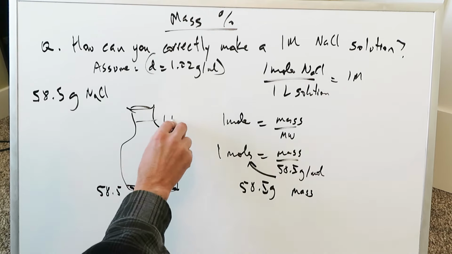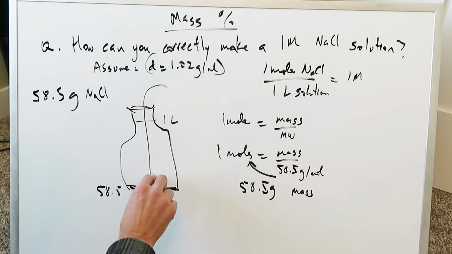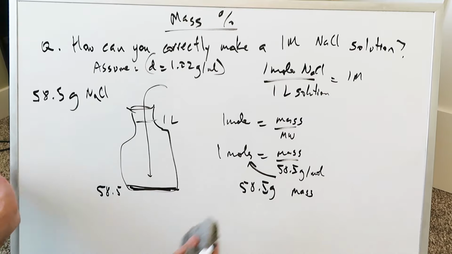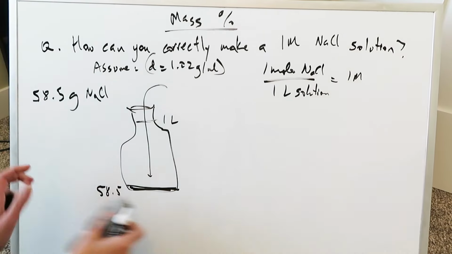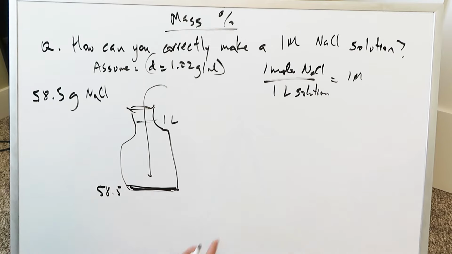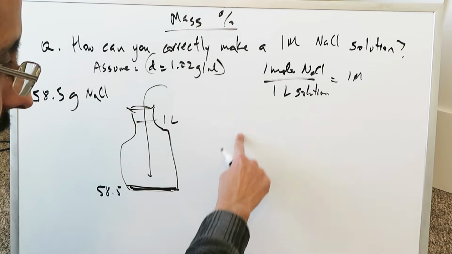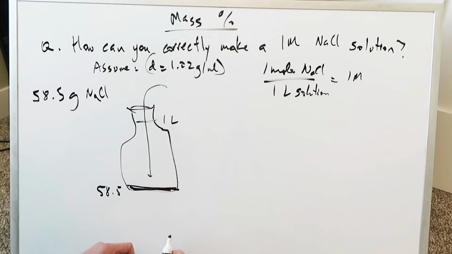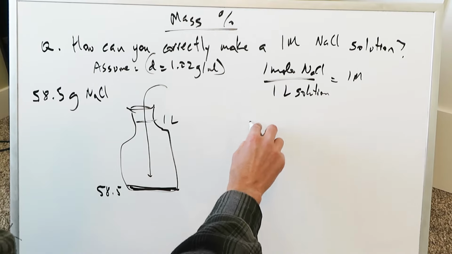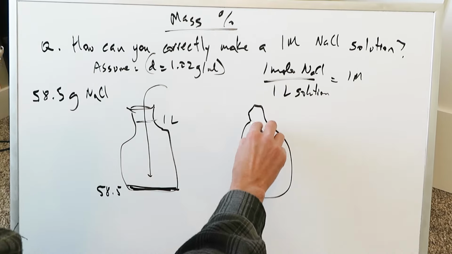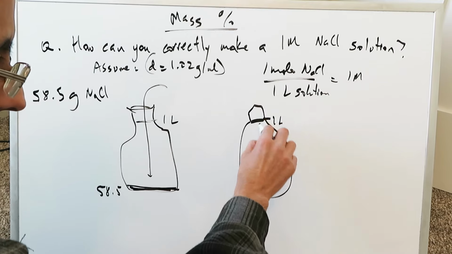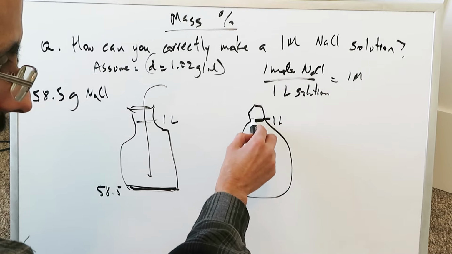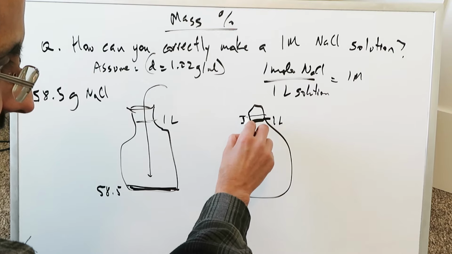Here's my 1 liter mark right here. Then you put in enough water to fill everything up to this 1 liter, and that's how you would make it. But that's not 100% our question solved, because we have to do the math behind it. You cannot make the mistake of putting in 1 liter of water and then adding 58.5 grams, because if you fill your flask up to the 1 liter mark with water first and then add the salt, your volume will go above the mark by a little extra amount.